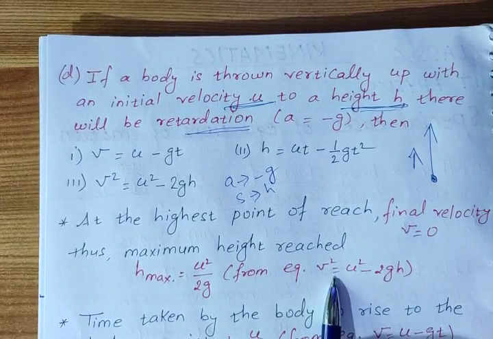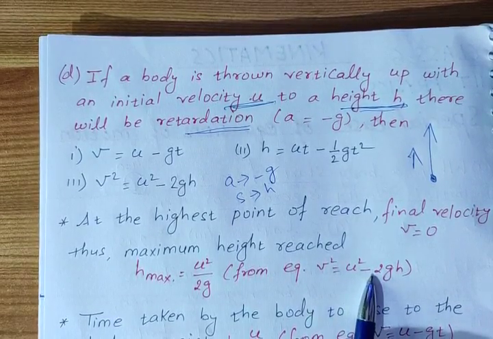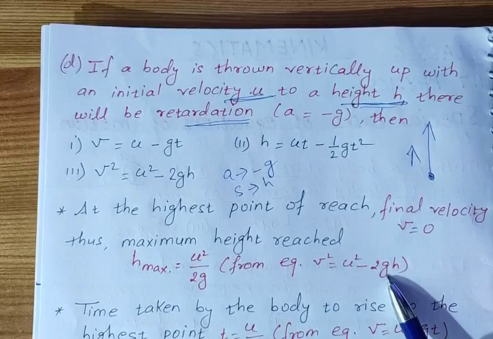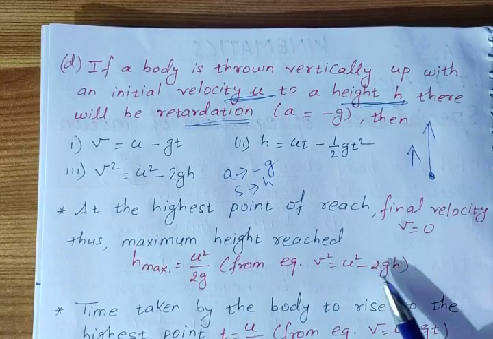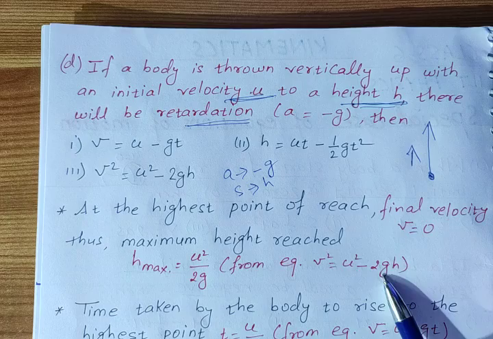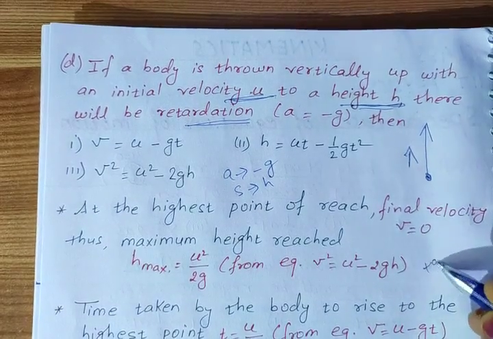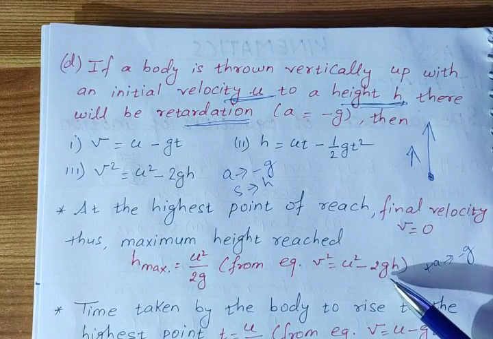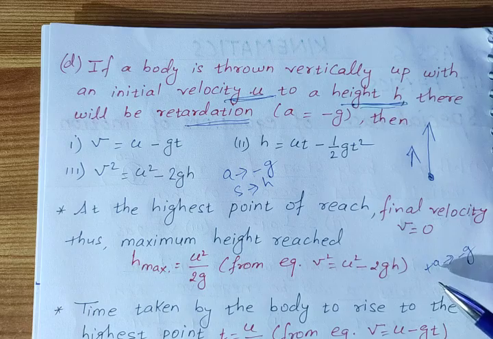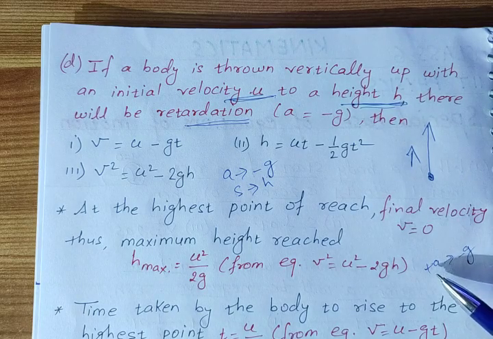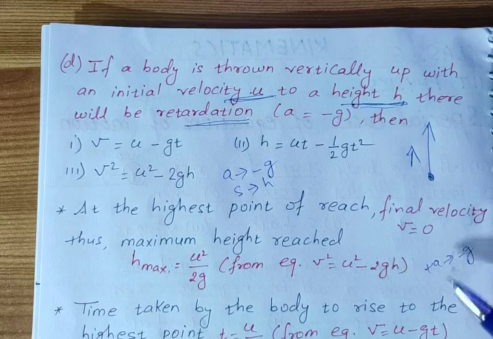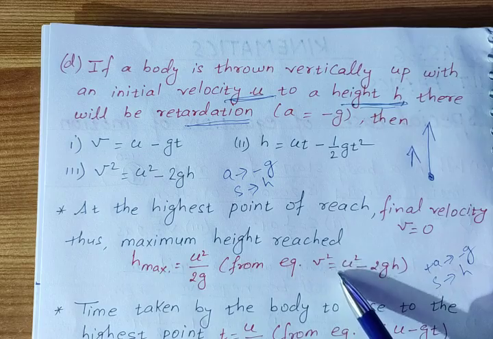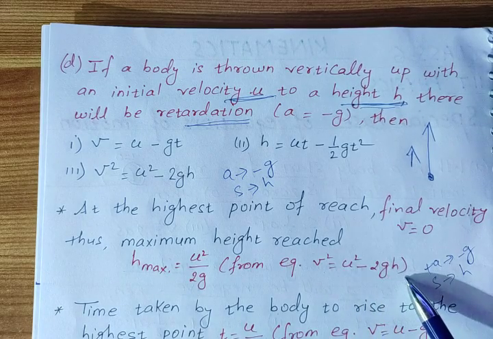Here plus 2as should come. Plus a is replaced by minus g because the body is thrown up, the body is going up, and s is replaced by h. Then the equation becomes v square is equal to u square minus 2gh.